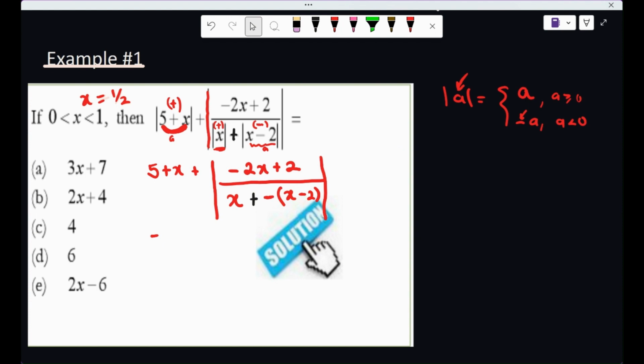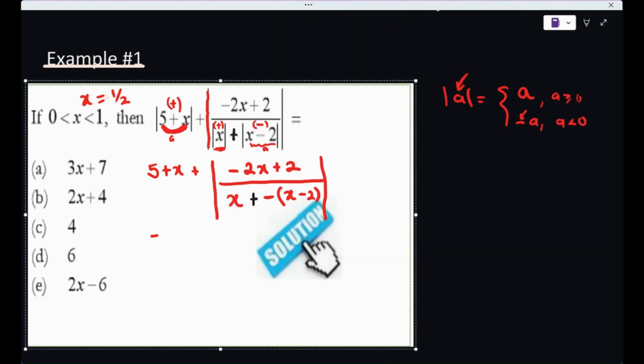So here you just need to simplify. This is 5 plus x plus, now we have the absolute value of minus 2x plus 2 over x. This is plus minus, which definitely will become minus. So you'll have minus x minus 2, right? So we go one more.